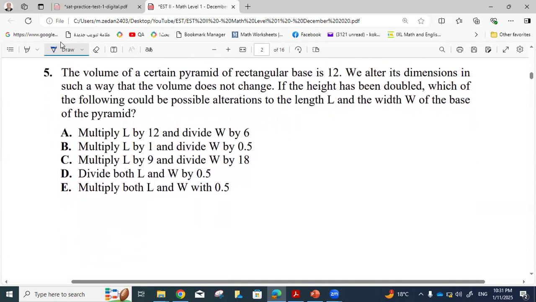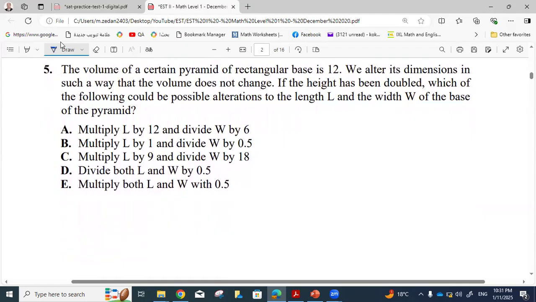Question number 5. The volume of a certain pyramid with a rectangular base is 12. We alter its dimensions in such a way that the volume does not change. Consider now this is a rectangular base, and this is the top of the pyramid, and these are the edges here.